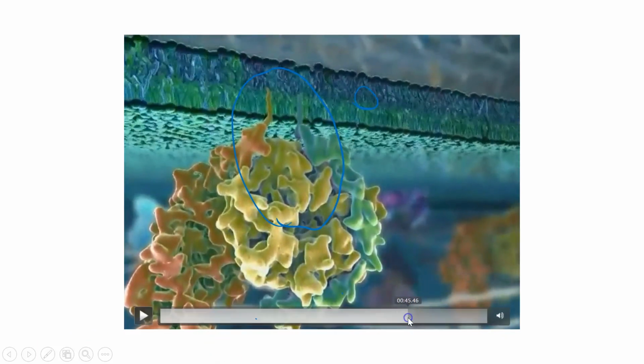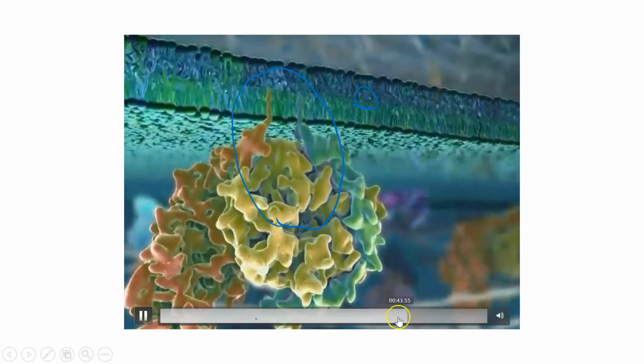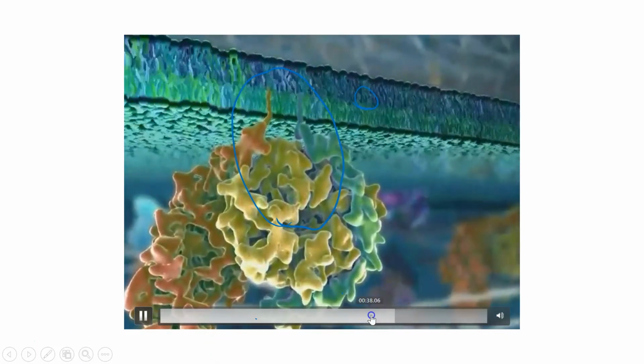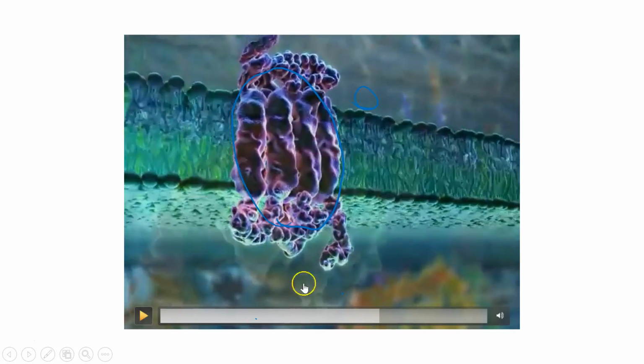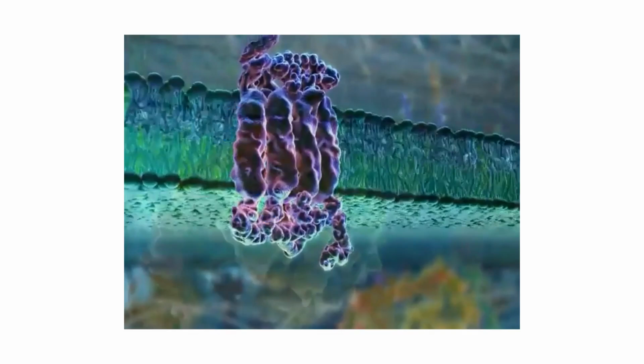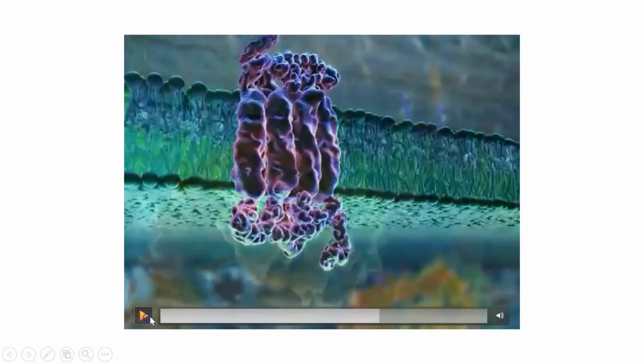I want to quickly show you something. So this would be an integral protein, and you can see there's a whole bunch of amino acids in this long polypeptide, and after it changes and folds its shape, these would all be a series of hydrophobic ones. And so when you get a series of them like that, it tends to embed itself into the membrane. Okay, so that's an integral protein.